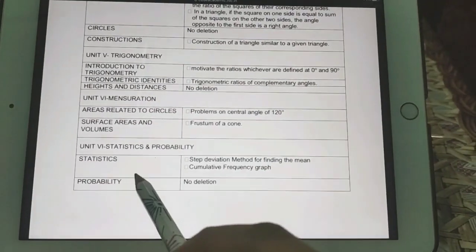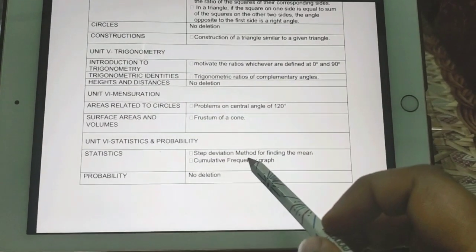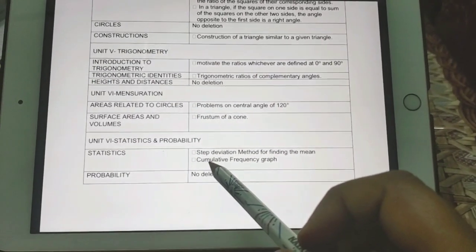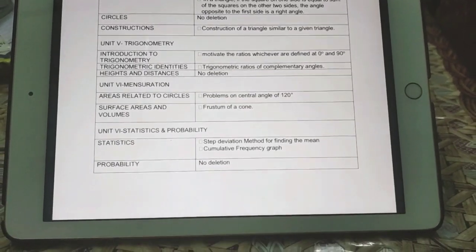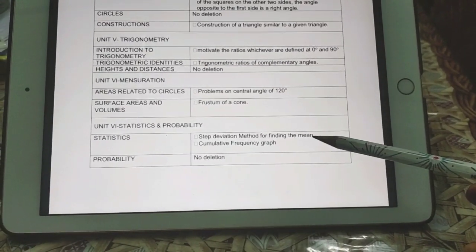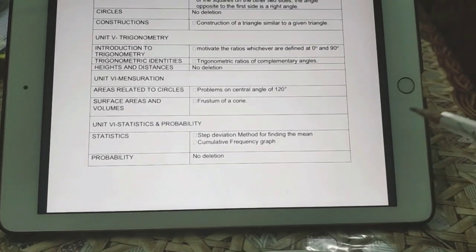Next one is statistics. In statistics, the step deviation method for finding the mean and cumulative frequency graph, these two topics have been deleted. This is a question in which you have to find the mean by step deviation method, so basically this step deviation method has been deleted.